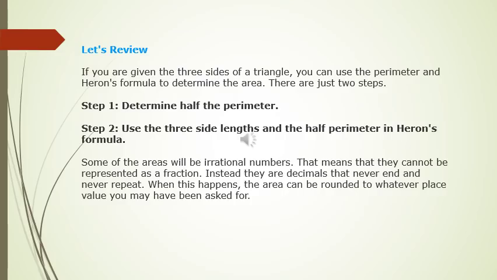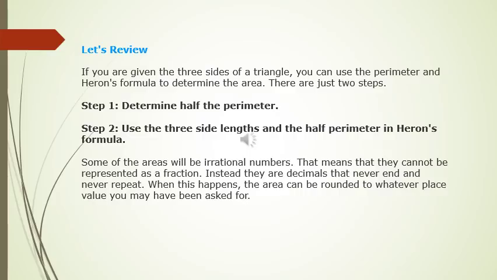Students, now let us recapitulate what we have learned in today's class. We started with revising the properties of a triangle. A triangle is a three-sided polygon, and we have understood how to find the area of a triangle when the lengths of its three sides are given using Heron's formula.